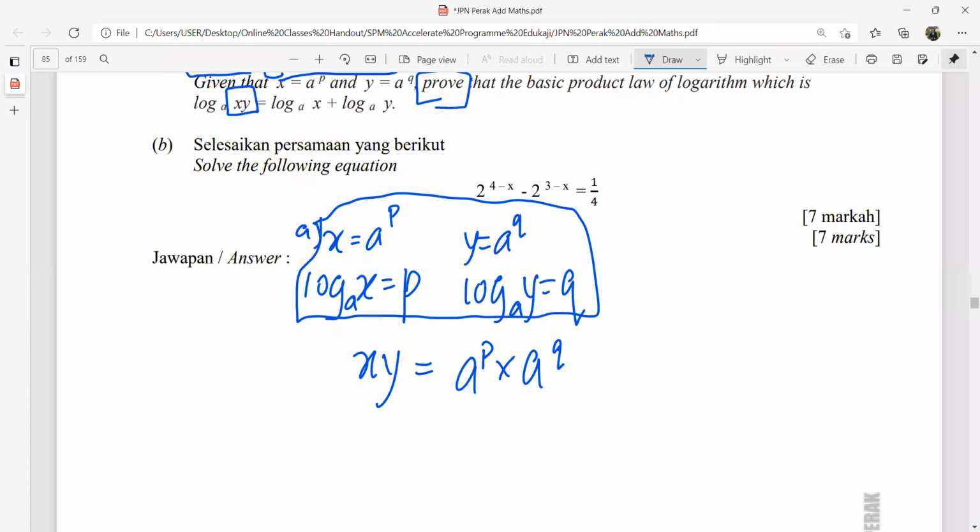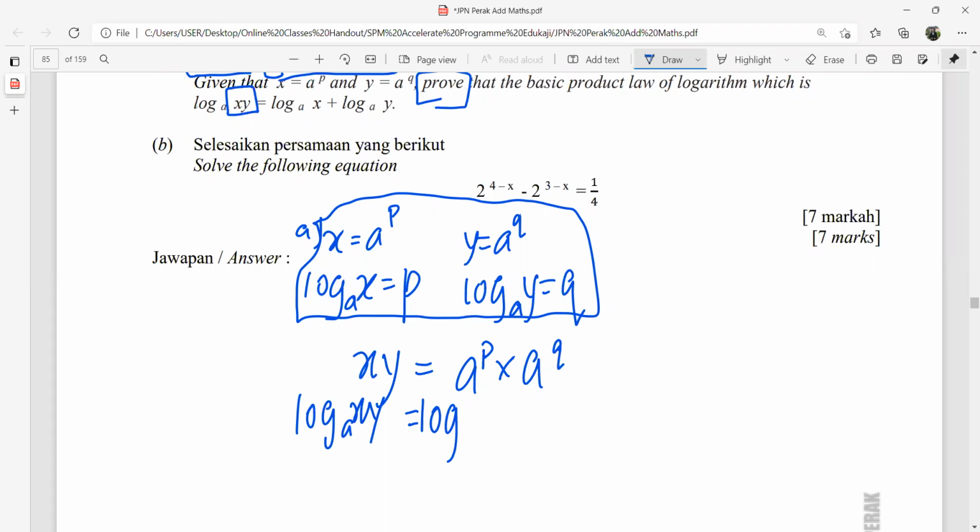Then I need you all to know how to replace the log later on. You have to add the log both sides, base a.